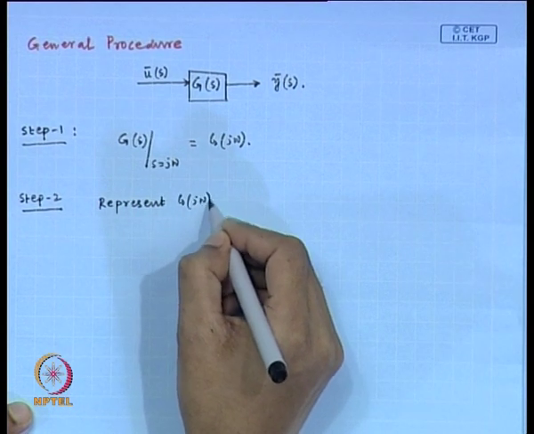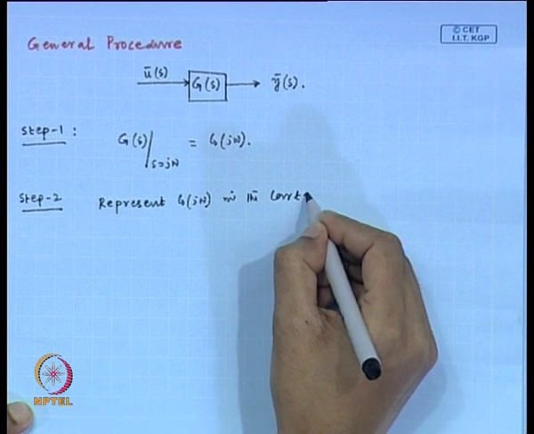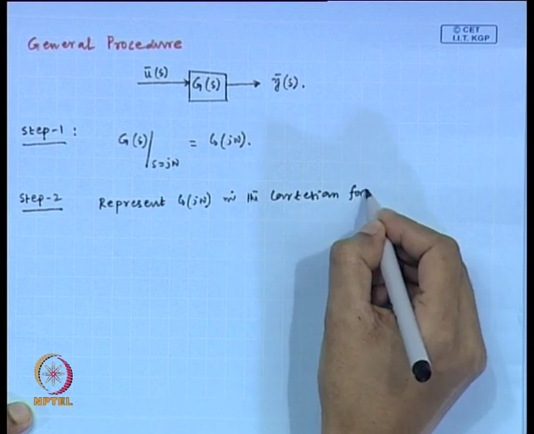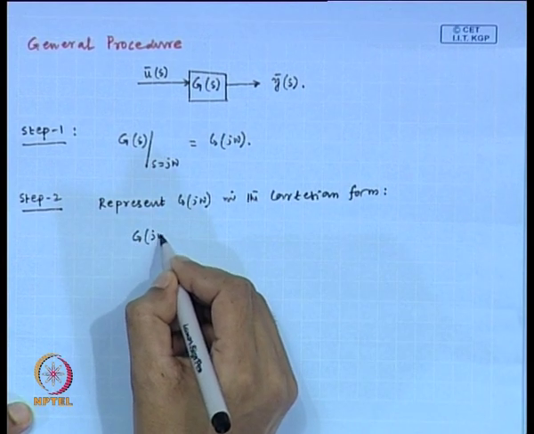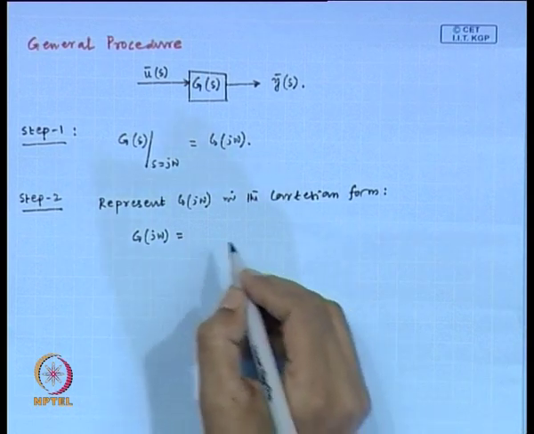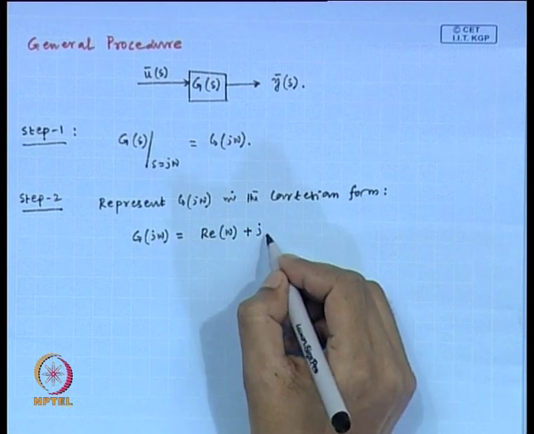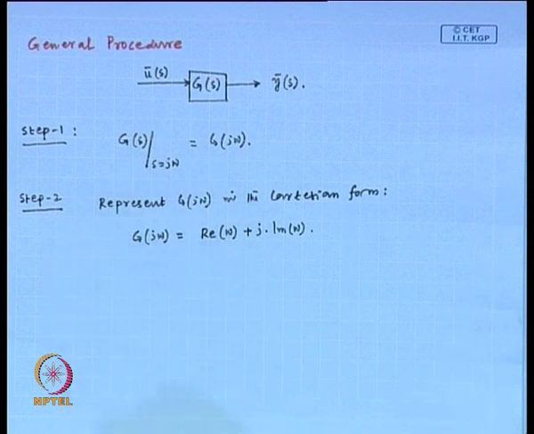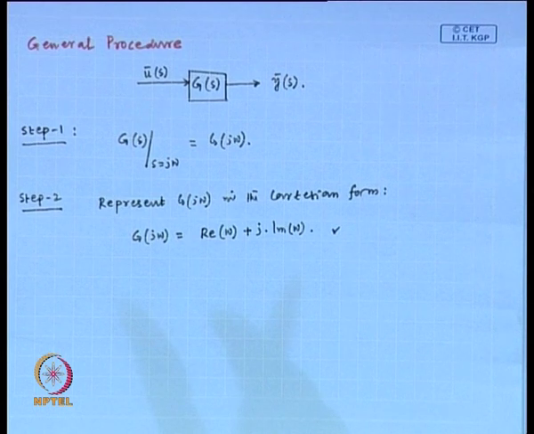That means G(j omega) equals real part plus imaginary part multiplied by j. Now, by this way we can clearly identify the real part and imaginary part. This is step 2.